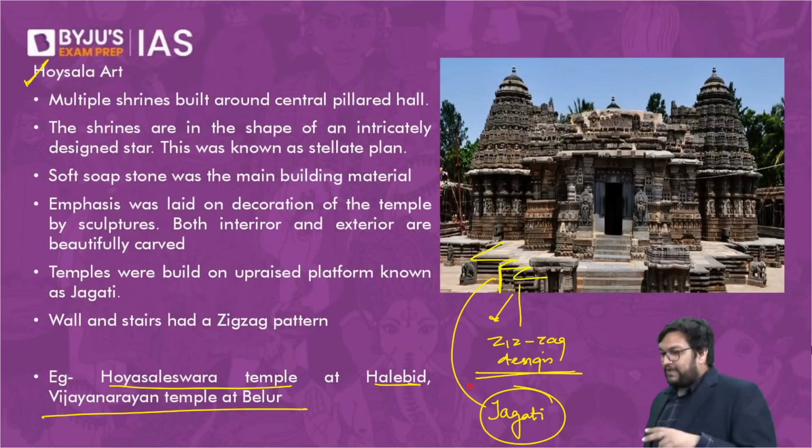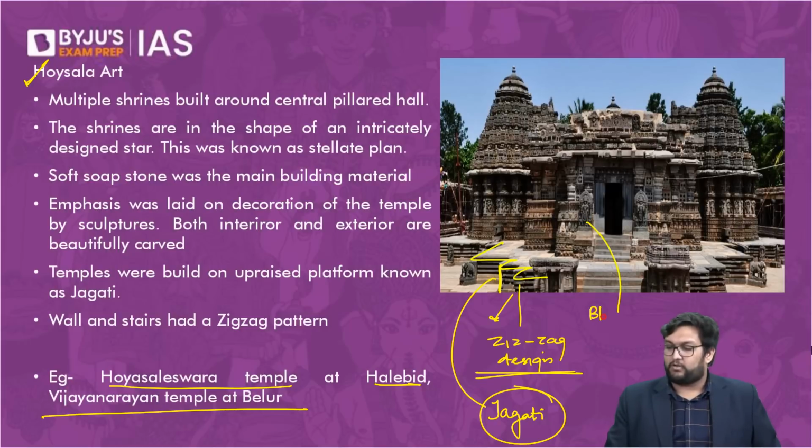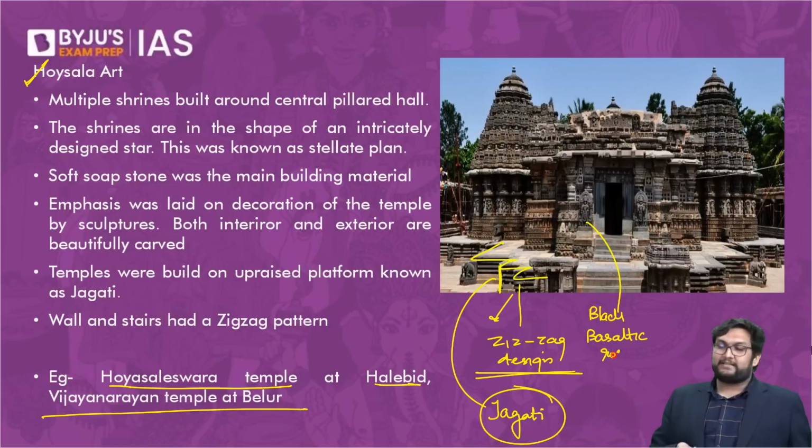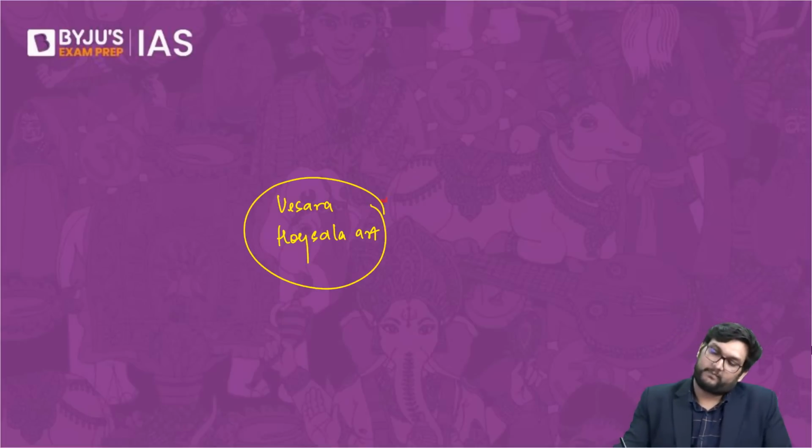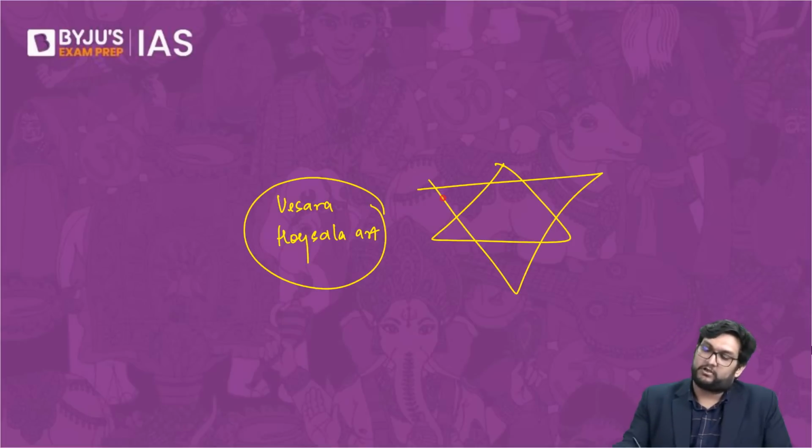But in Vesara, first we have zigzag design, we have Jagati, and we also have the standard black basaltic rock. And further, a very interesting thing is that in Vesara, specifically Hoysala art, and that is why it's recognized by UNESCO, it has what is called a star plan. Star plan, it's called stellate plan.